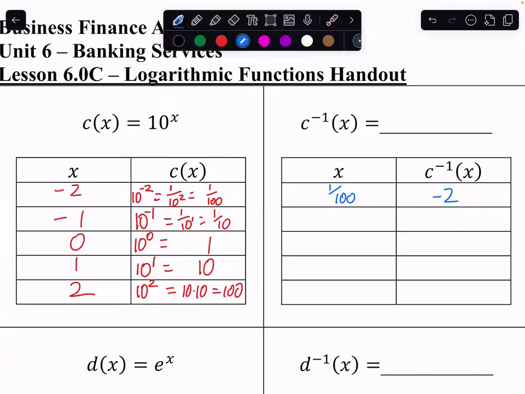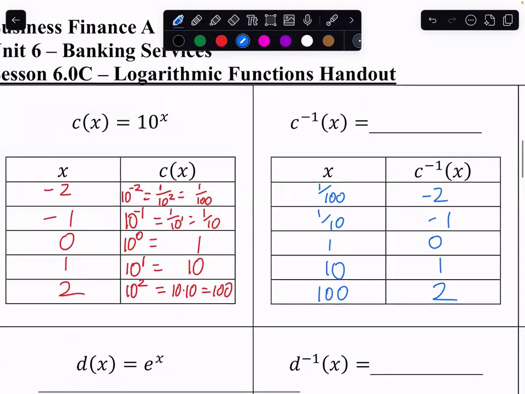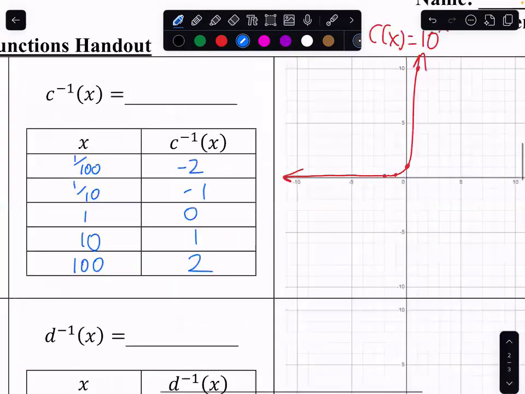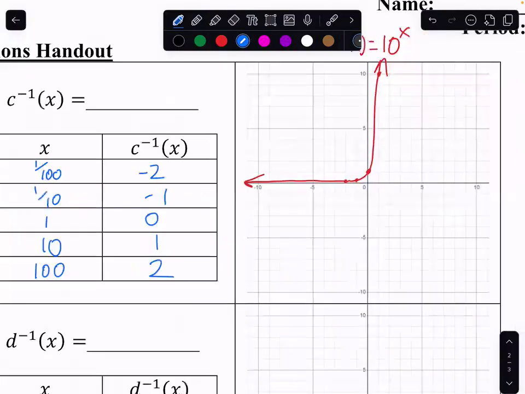Okay, so the inverse basically switches x and y. So -1, 1/10 becomes 1/10, -1, and so on. Okay, so these would be the values for the inverse of c of x. So we'll go ahead and plot this graph as well.